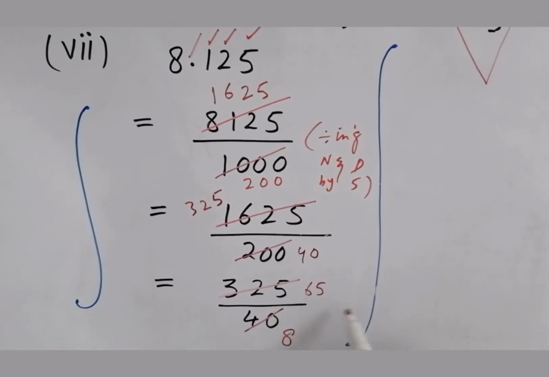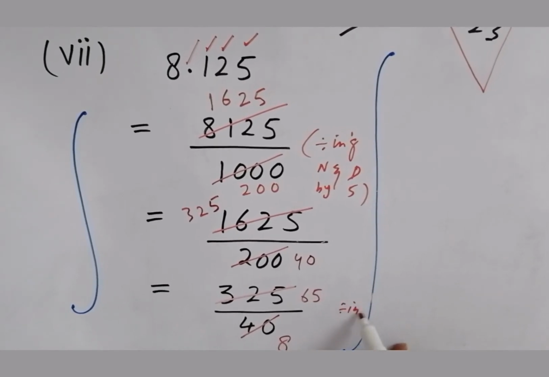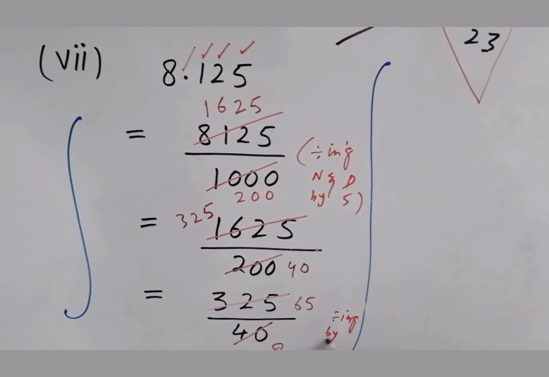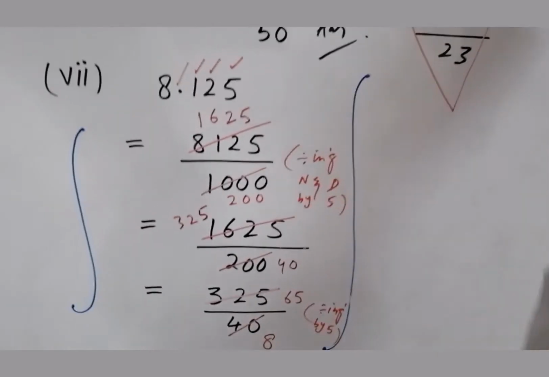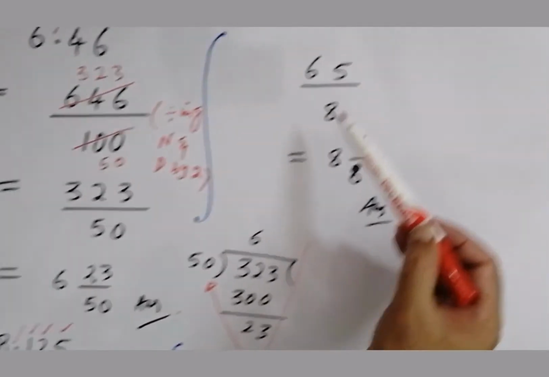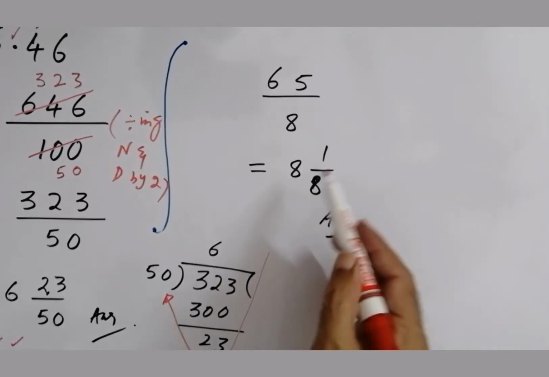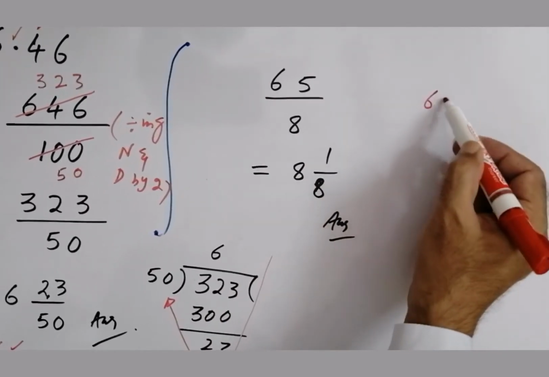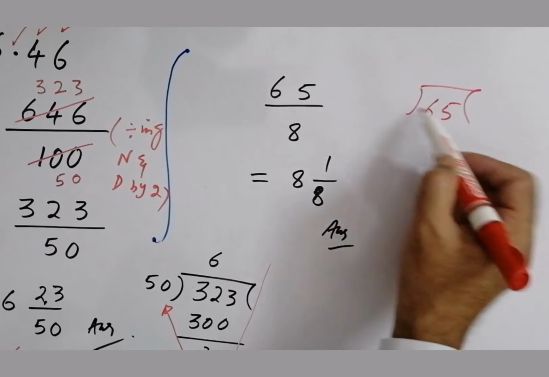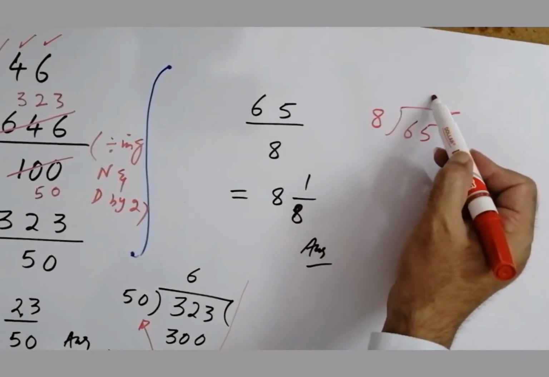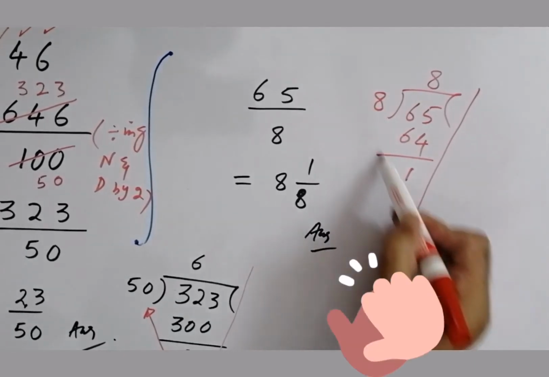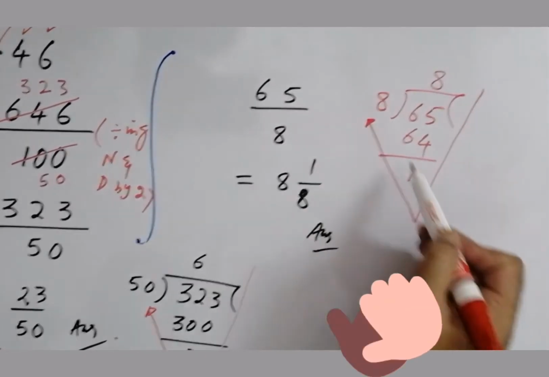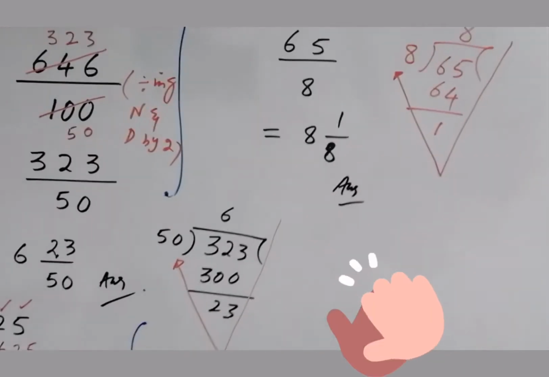So dividing by 5, we now have 65 divided by 8. So it is an improper fraction. By actual division, 8 8s are 64. So 8 whole 1 over 8 is our required answer.